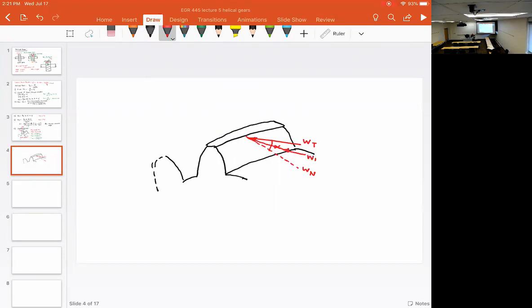This is Wn bar, and this angle is the pressure angle, and this is going to be Wr.